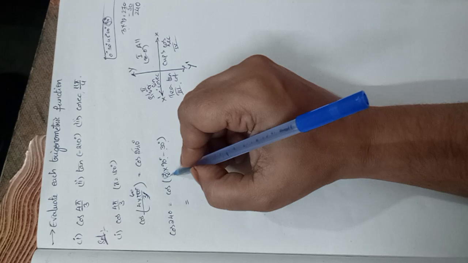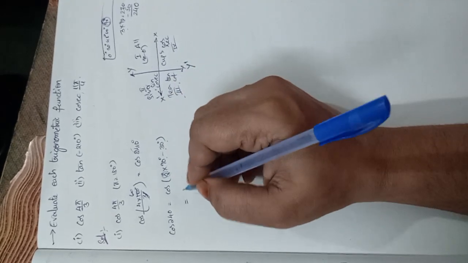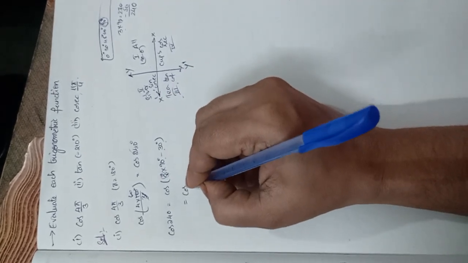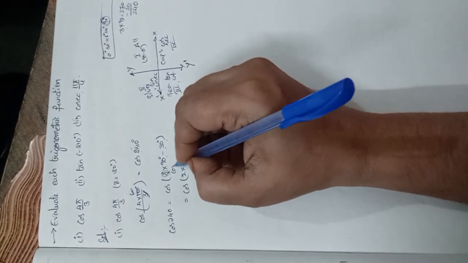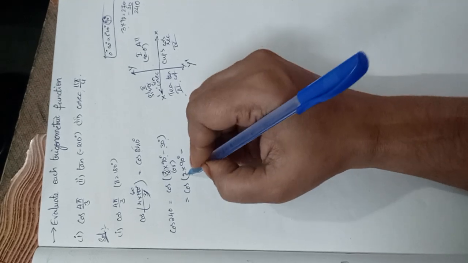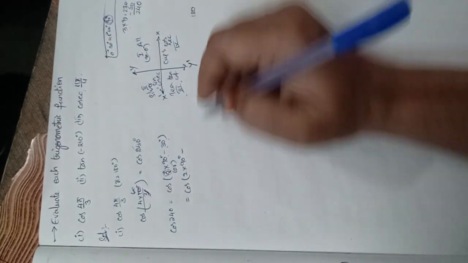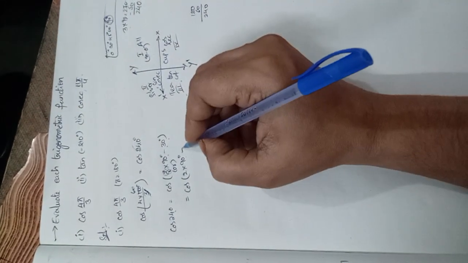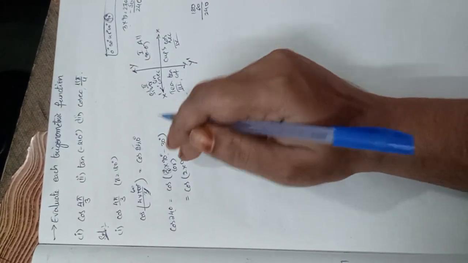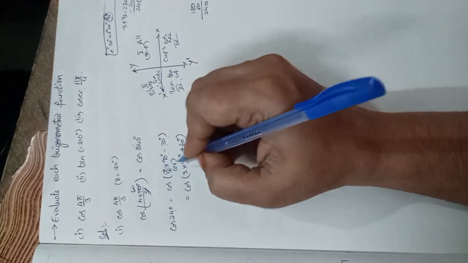This can also be written in another way: cos of 2 into 90 degrees, which is 180, and here we have 240, so plus 60 also you can do. So 240 means 180 plus 60. You may get this or this.